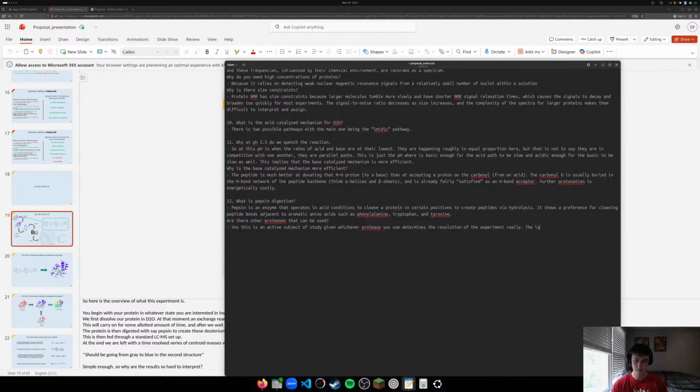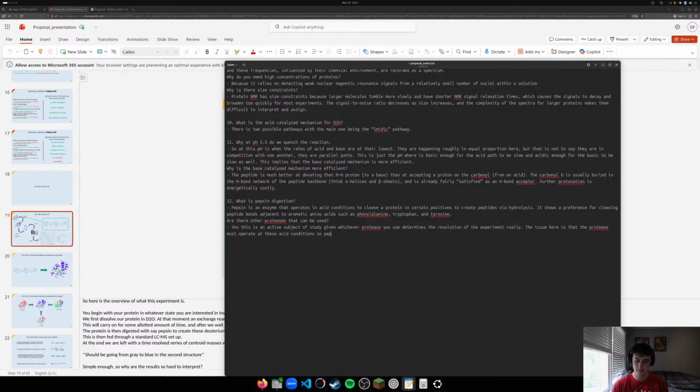The issue here is that the protease must operate at these acidic conditions.